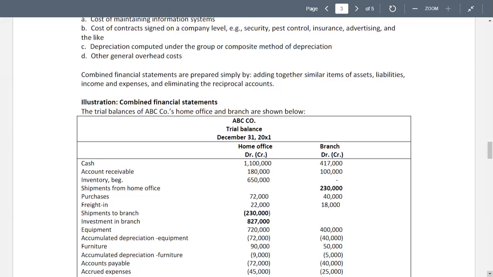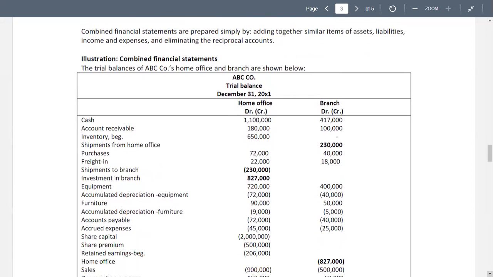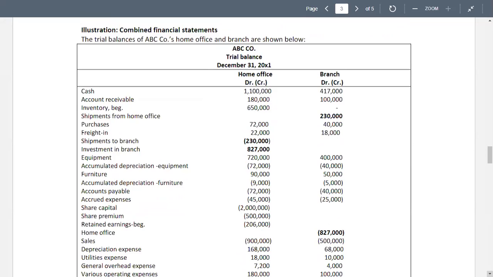Then we have accounts which are normally found in the trial balances. Share capital, of course, of the home office, and share premium here. The liabilities and shareholders' equity accounts are credit, so we have these in parentheses.